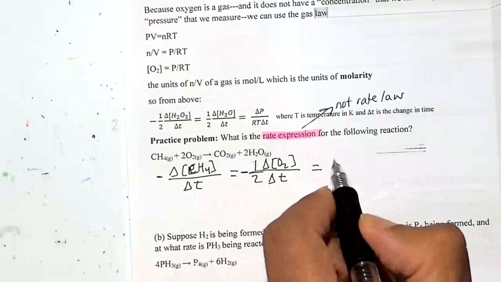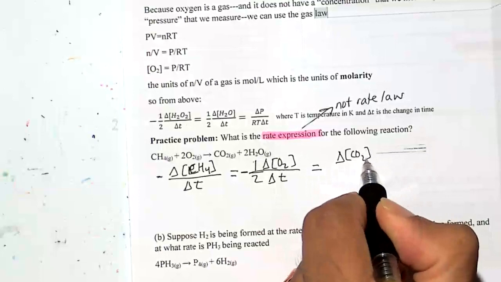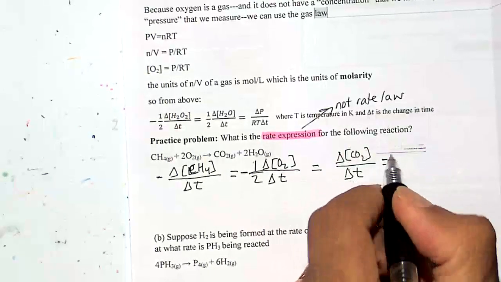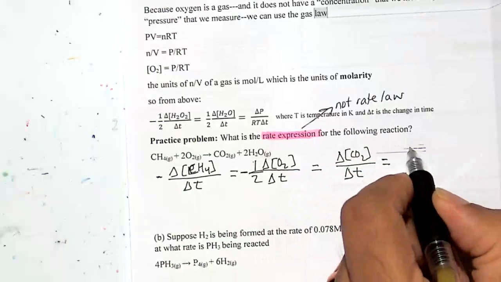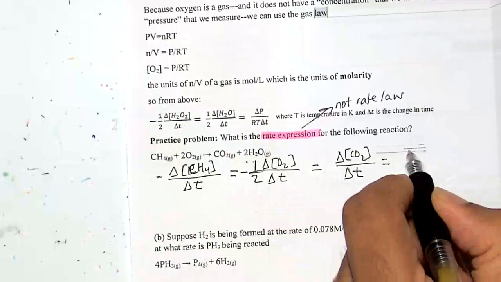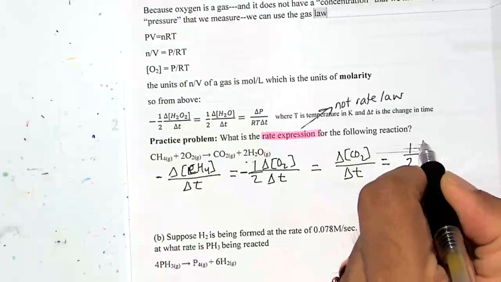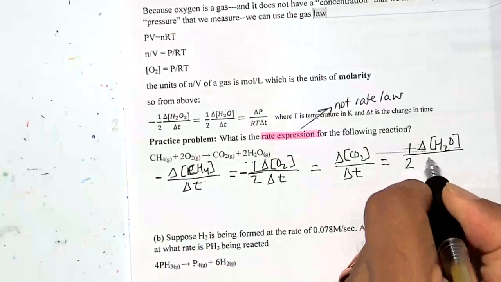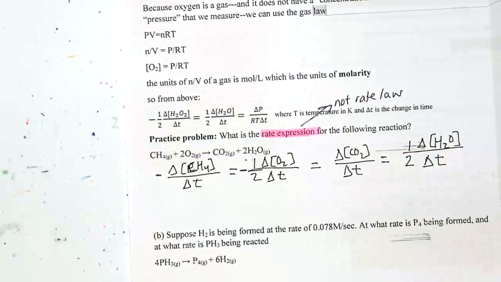The products will increase positively at a rate of the change in concentration of CO2 over some increment of time. And how will H2O increase? Positive or negative? It's a product, so it's going to be 1/2 change of H2O over delta T, over some increment of time.